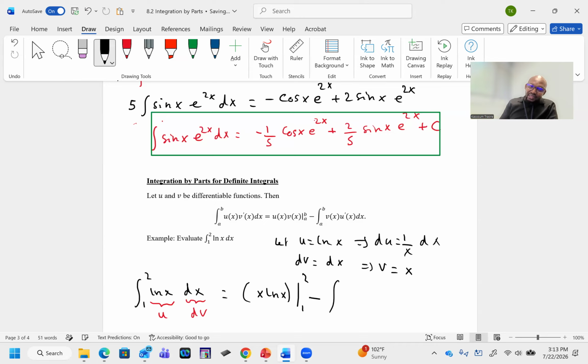Minus v times du, so minus the integral from 1 to 2 of x times 1 over x dx.